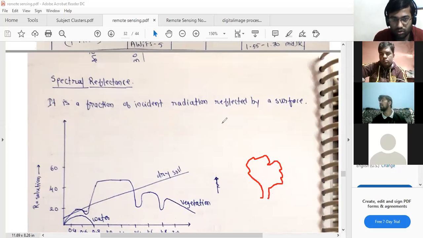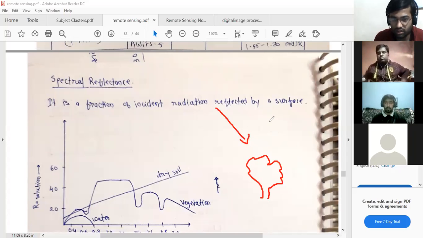Your scanners are actually measuring the backscattered radiation. So the spectral bands will receive the energy reflected from this tree and measure it, and based on that energy captured, we will get some graph like this.